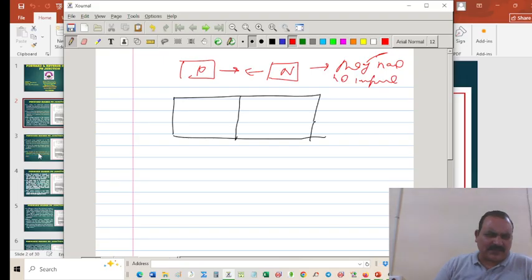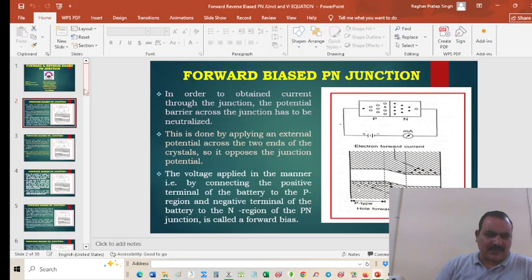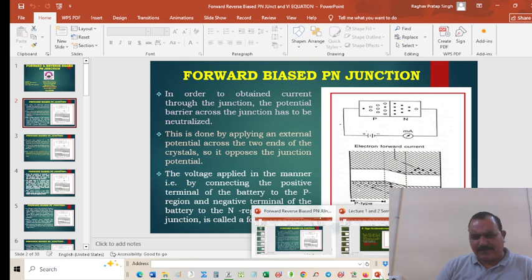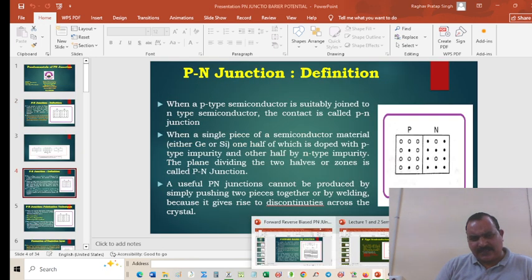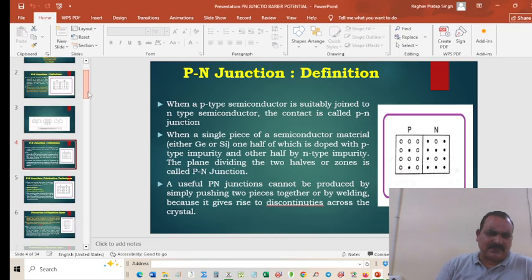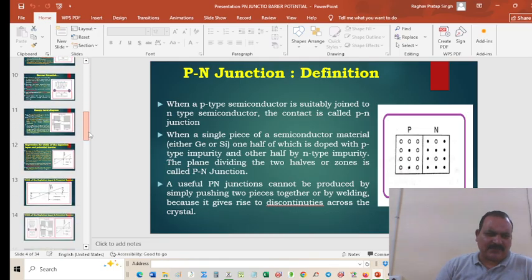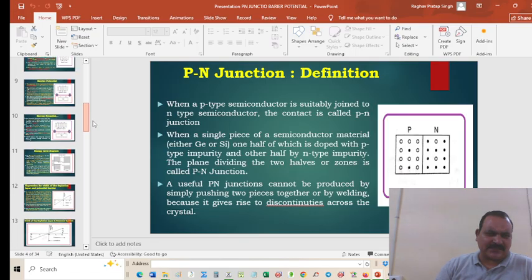It's not very easy. These are some special techniques that we have to use to sandwich the two types of semiconductor. I think I have mentioned in my previous lecture those techniques in brief.